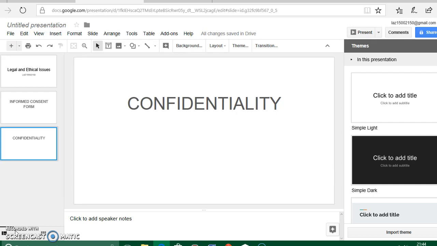If there was no confidentiality and a researcher gave out all the personal details of the person taking part in the studies, other people would be able to access the information, so they'd know the personal details of the participant. They'd be able to steal their identity, which is bad for the participant, and they would not like it.